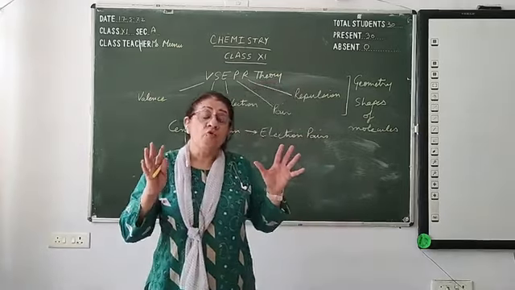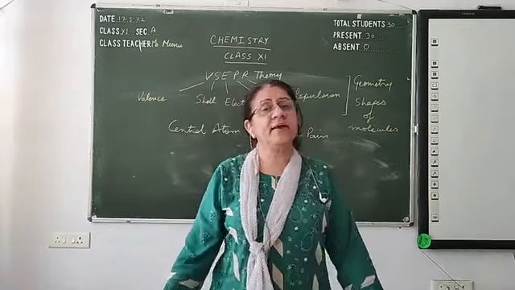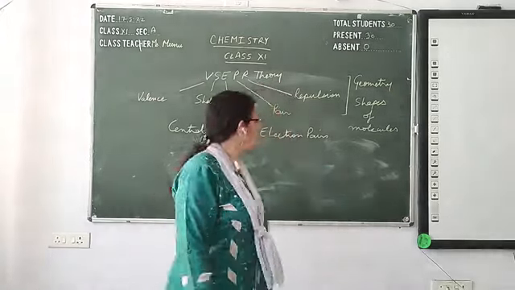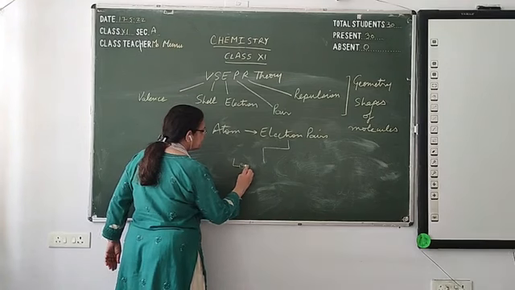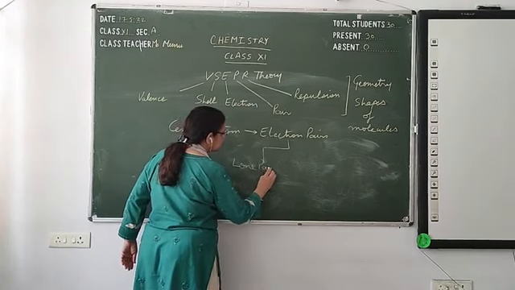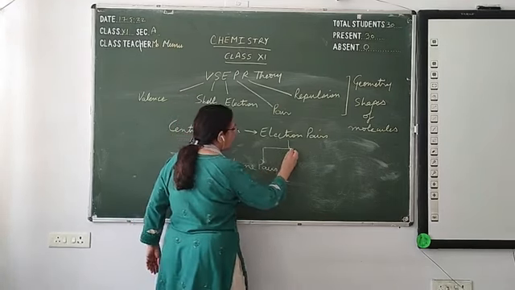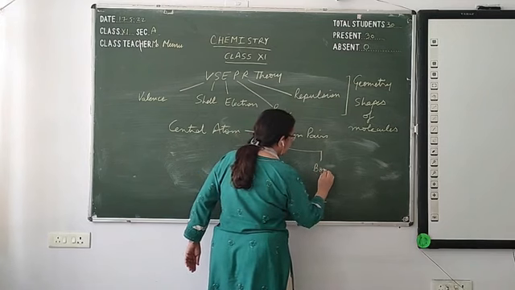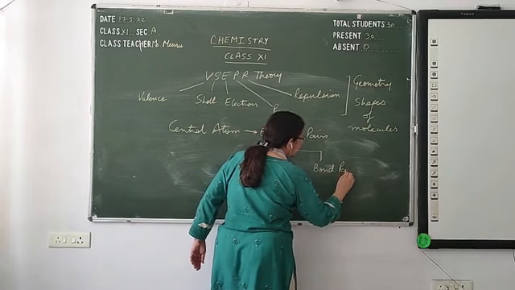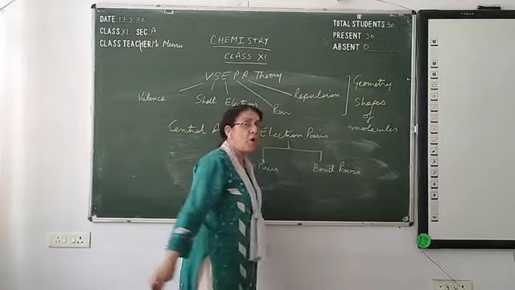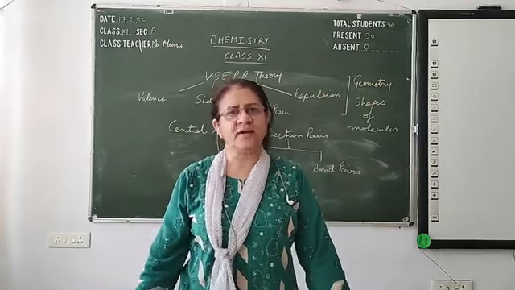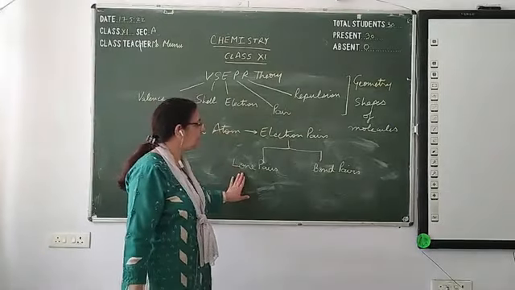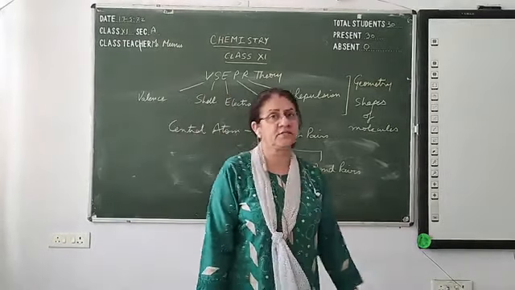And what are the 2 types of electron pairs? The electron pairs can be lone pairs or the electron pairs can be bond pairs. The electron pairs around the central atom can be lone pairs or they can be bond pairs.